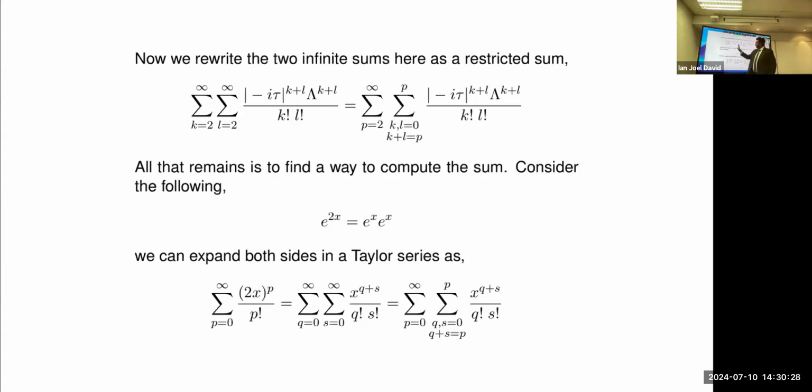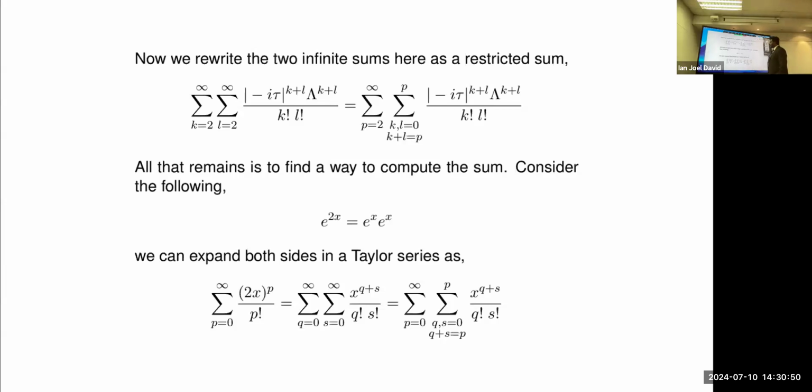I can always write this as a sum from p going from 2 to infinity, where I sum over k and l from 0 to p, and I have imposed a condition that k plus l must always sum to p.